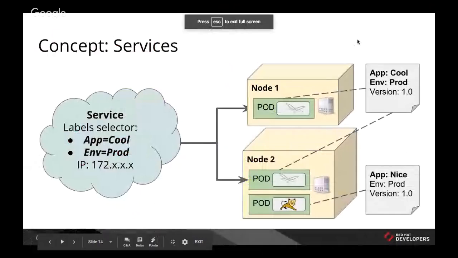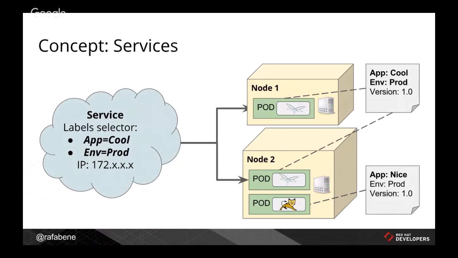So that brings us to another concept of Kubernetes. This concept is called services. A service is a kind of load balancer that will locate every pod based on its label and send all requests to that pod. The service has an internal cluster IP that will not change once it's created.